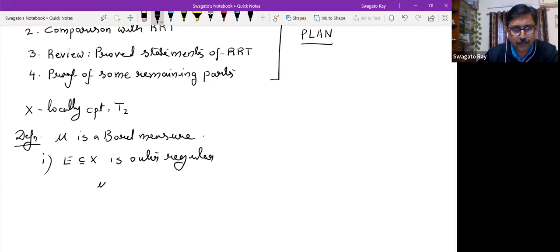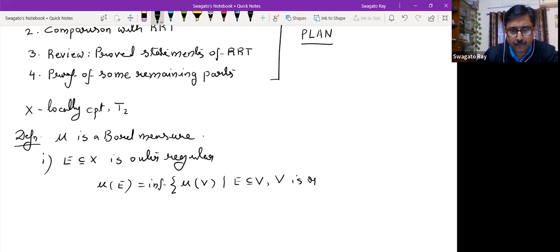That is, mu of E is the infimum of mu of V, where E is a subset of V and V is open. So the set E, a Borel set E, if it satisfies this property, then we say that E is outer regular.